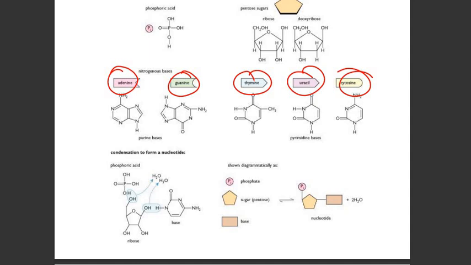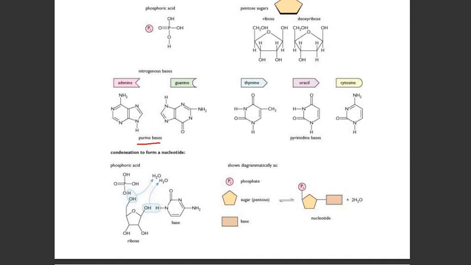The differences are just in the number of rings that we have, and we are saying these are called purines because they have two rings. You have ring number 1, ring number 2, ring number 1, ring number 2. So these are the purines. Then these are pyrimidines this side, and you can see the structures. Of course, you don't have to master the structures. We just have to know how we are going to be making them or joining them to create a nucleotide.